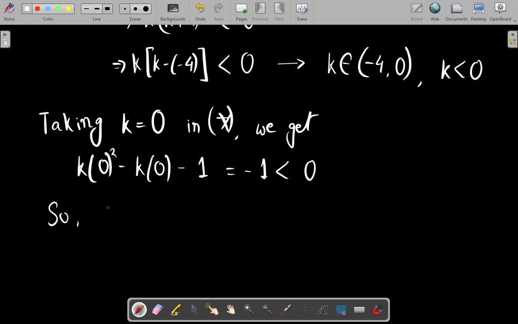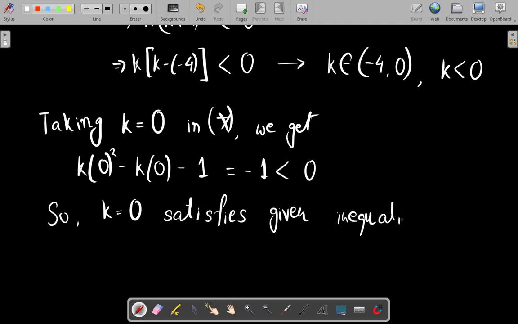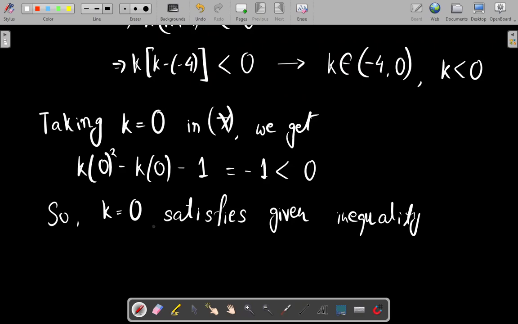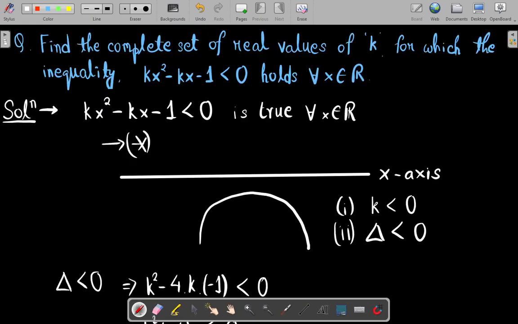So k equal to 0 satisfies the given inequality, right? So from the earlier condition we were given that k should exclude 0, but if we take k equal to 0, the original inequality is satisfied.